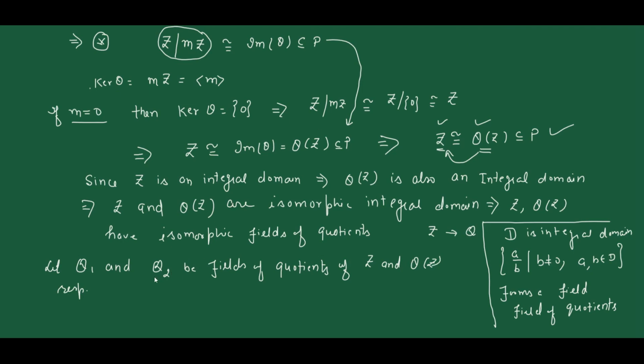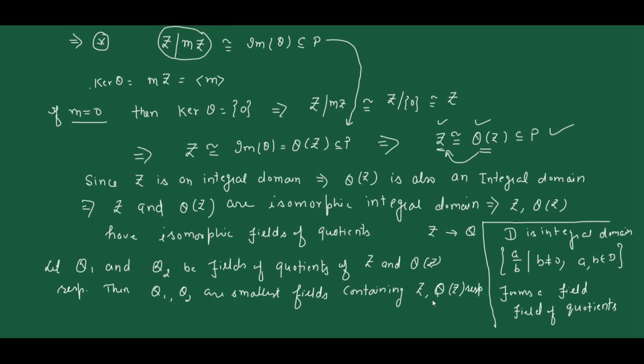But there is an important thing about the field of quotients, that these fields of quotients Q1 and Q2 are the smallest fields containing Z and theta Z respectively.